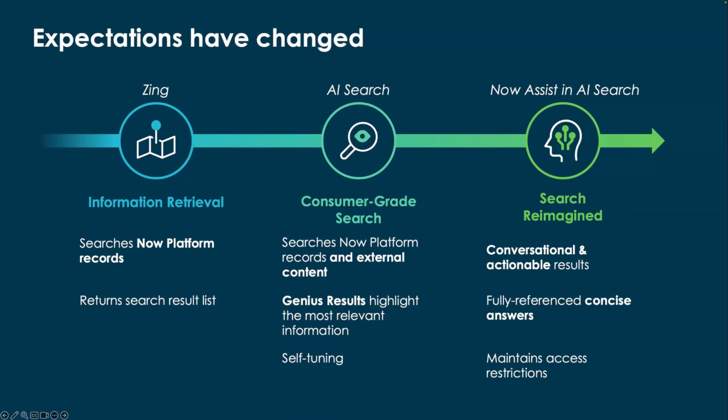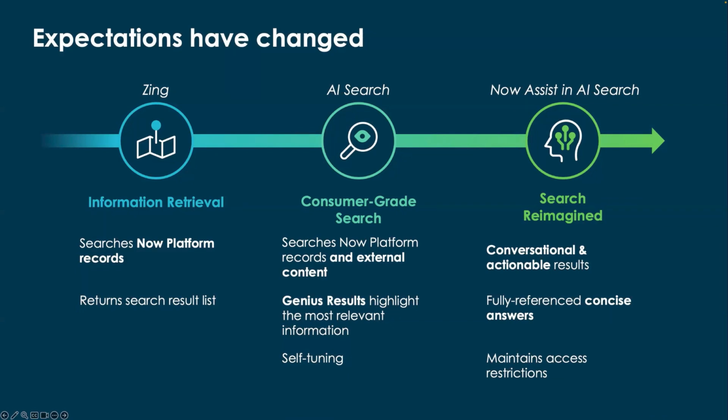Over the course of time, we've made an investment in AI search, which really provides a little bit more of that consumer grade experience. So we can obviously search against the things that are on the ServiceNow platform, including your knowledge base, including your catalog items that may be supporting your end users. We also do things like all of the natural language processing that we'll talk about in a little bit more detail later.